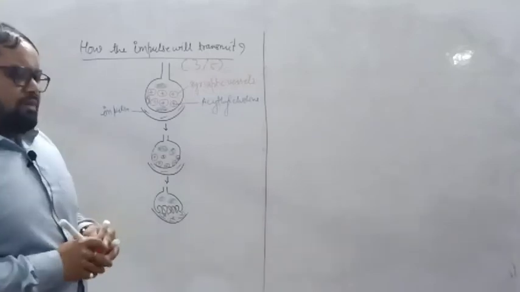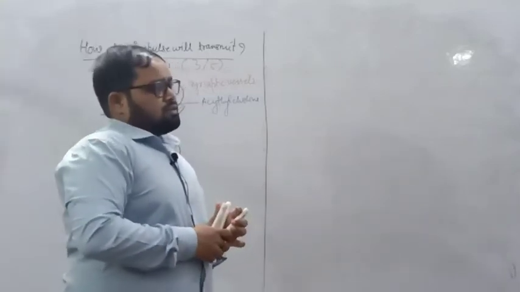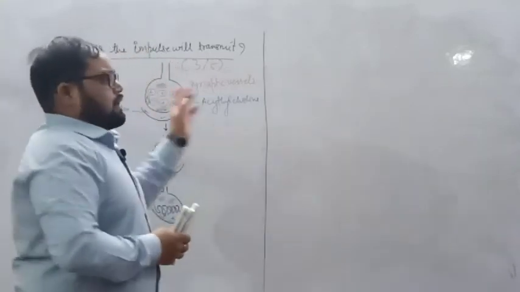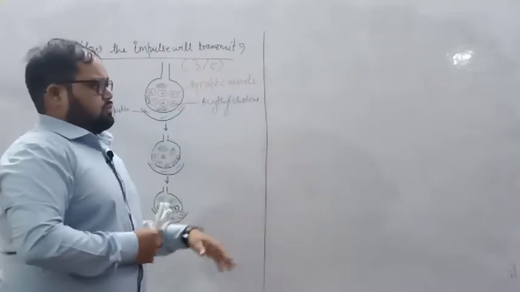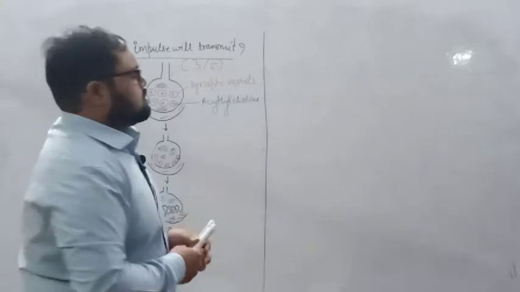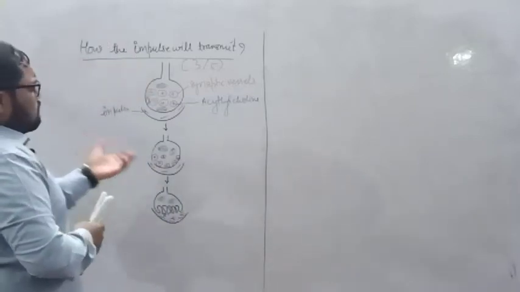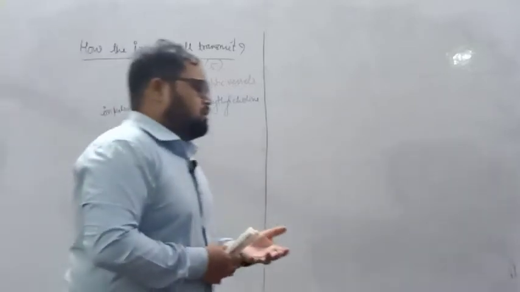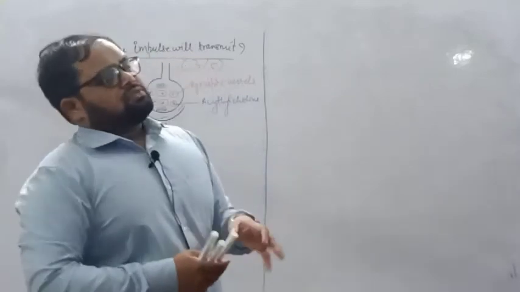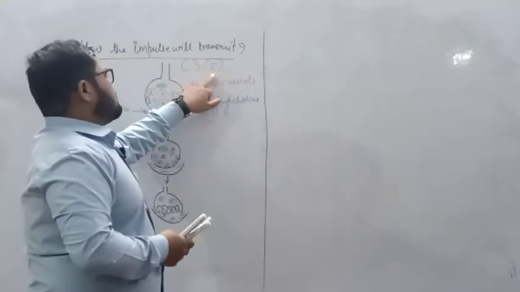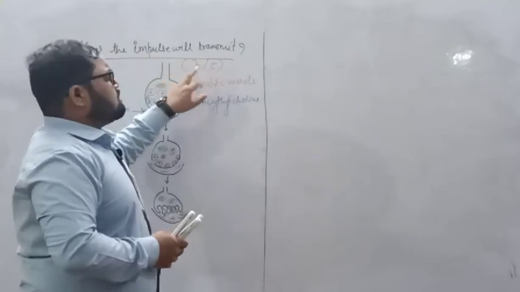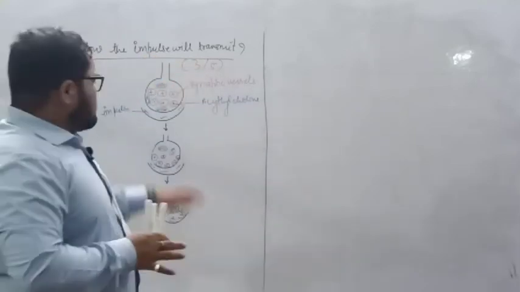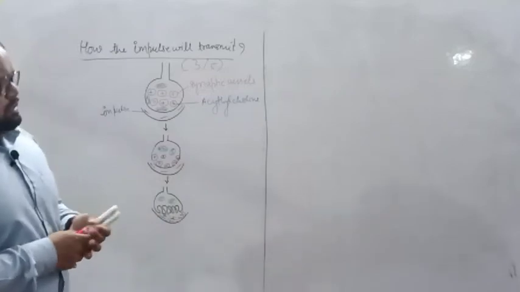In 5 marks you should add the diagram of the synapse and also the diagram of the neuron. Suppose the question is what is a neuron, what is a nerve cell, and how the impulse is transferred. This will come in 5 marks, or if only the question of how the impulse is transferred comes, it will be 3 marks. So in this way the impulse will be transferred.